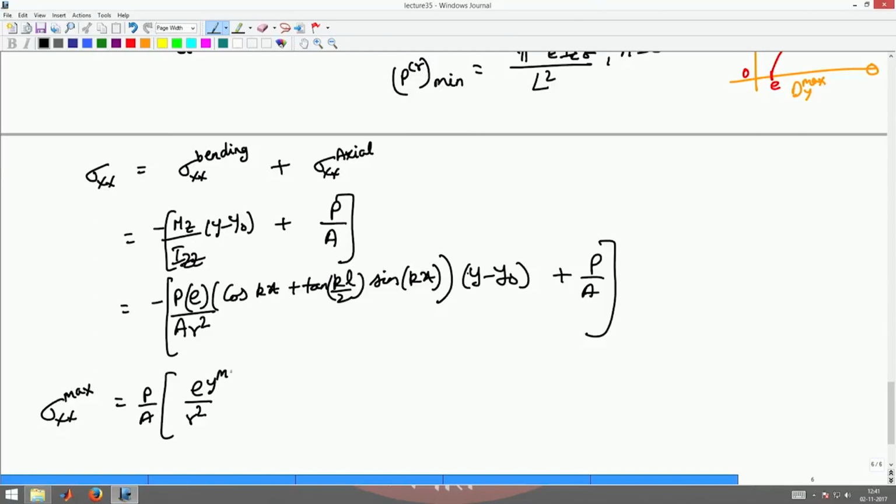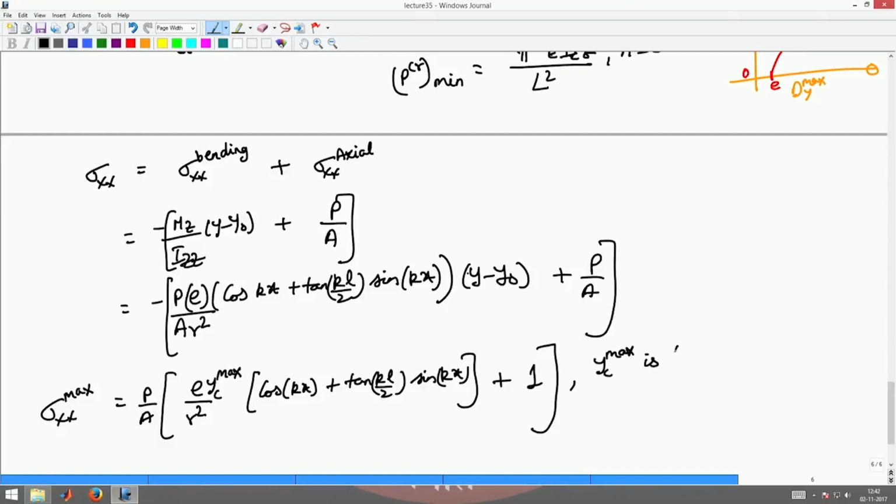So I will have y extreme fiber in compression, y max in compression, into cos kx plus tan kL by 2 into sin kx, plus 1, where yc max is the location of the extreme compression fiber from the neutral axis.